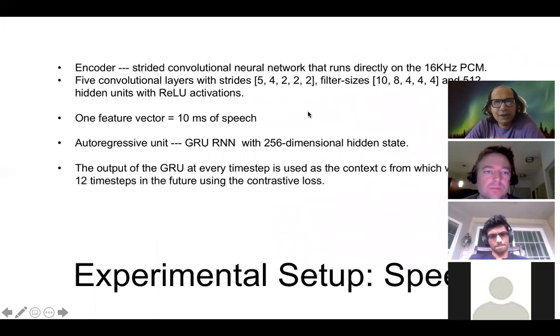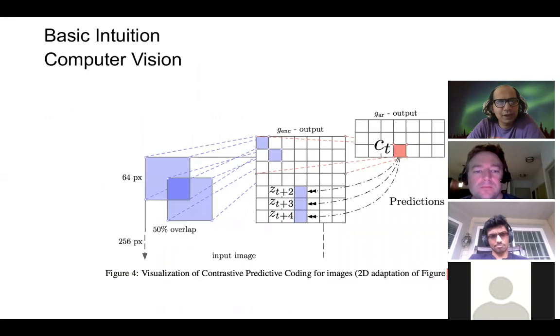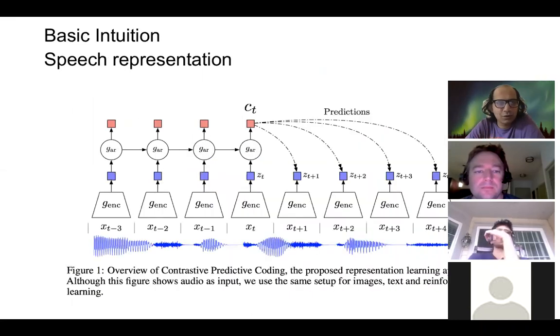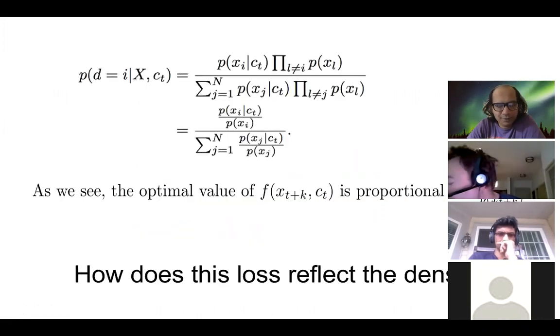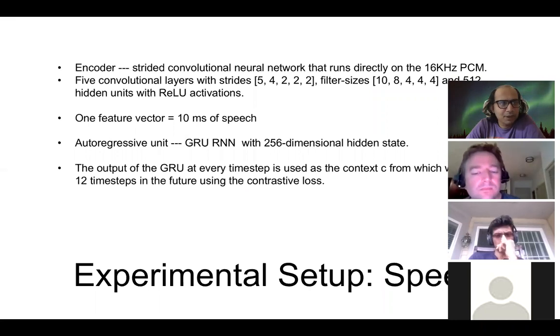And for speech recognition, as we have seen earlier, our setting requires basically two components. One of them is the encoder, and another one is the autoregressive model. So for speech representation, they have used a strided convolutional neural network as encoder, with 5 convolutional layers with different strides and filters, with 512 hidden units and ReLU activations.